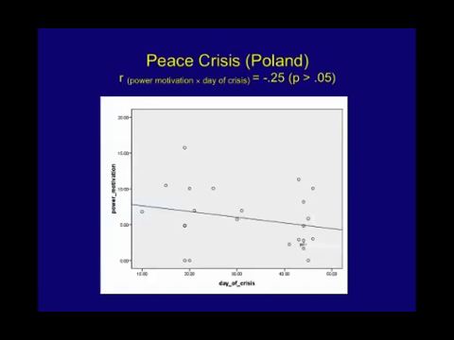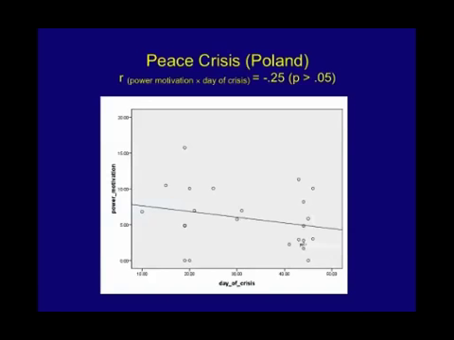We can say p level is greater than 0.05. This means that we cannot say there is a significant negative relationship between power motivation and day of crisis in the case of Poland. There may be a trend, but it's not strong enough to lead us to be sure that it's different from a chance finding.